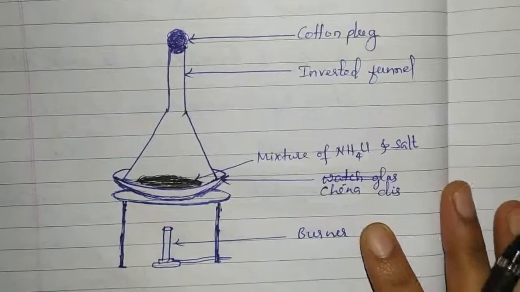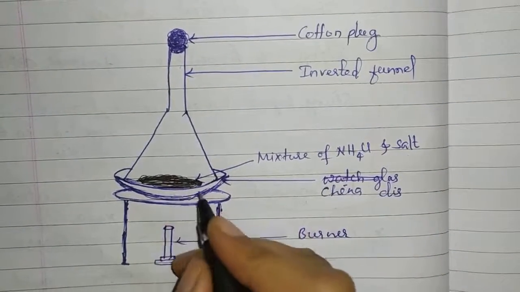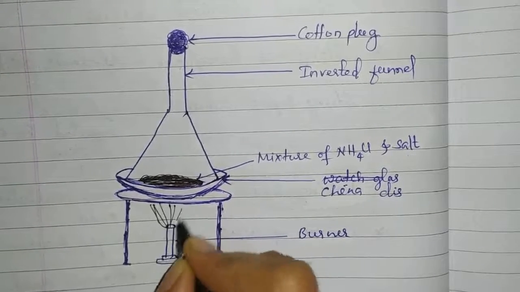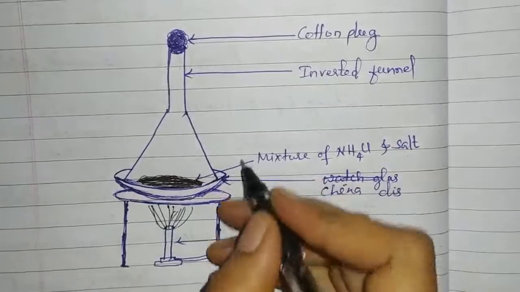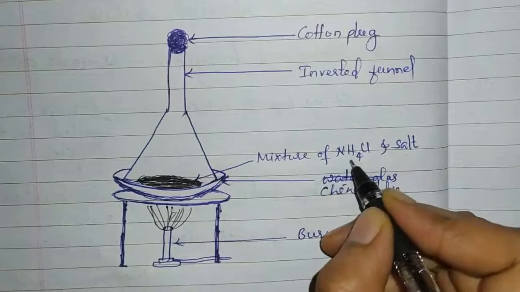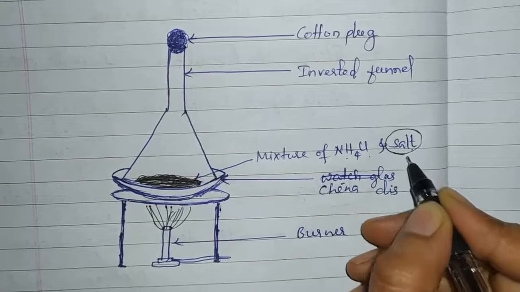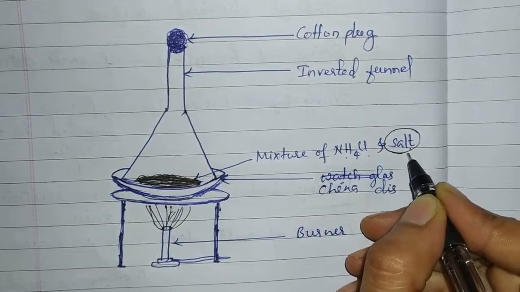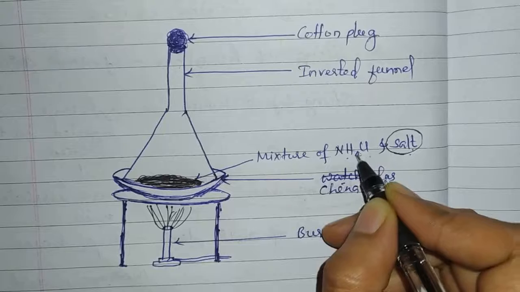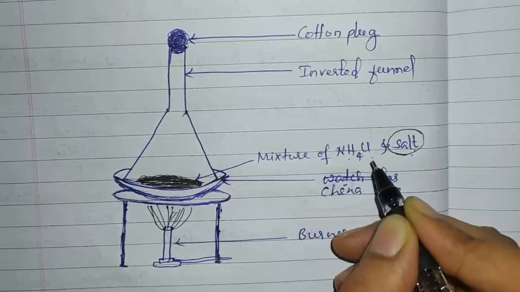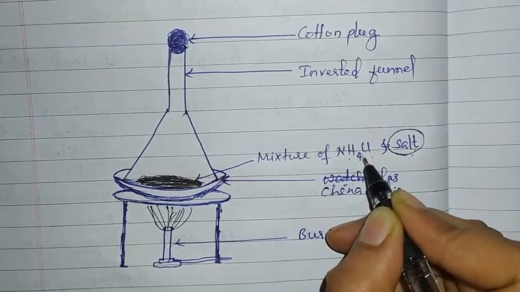We will see now. When this mixture is heated, among the ammonium chloride and salt, the salt is not capable of undergoing sublimation, but the ammonium chloride sublimes, and it can be directly converted from solid to gas.